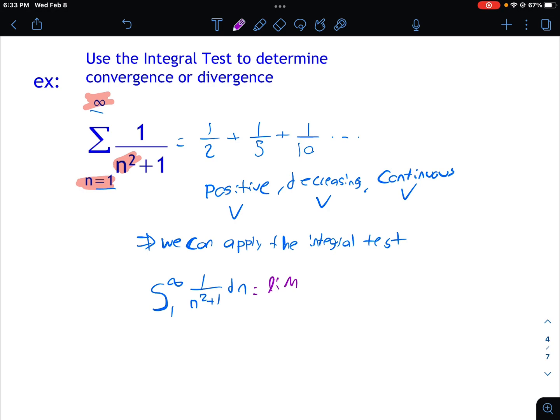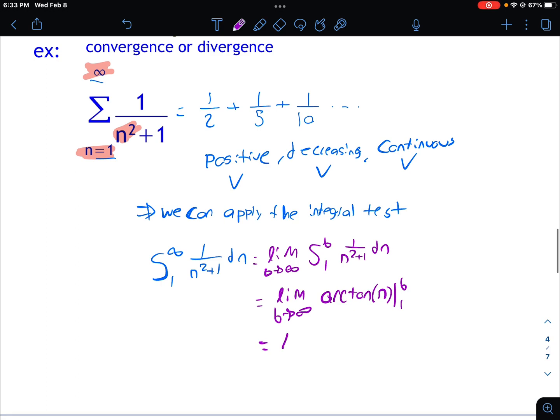The limit as b approaches infinity of the integral from 1 to b of 1 over n squared plus 1 dn. And we're going to evaluate this, and we're going to get arctan of u over a, which is n over 1, arctan of n, evaluated from 1 to b.